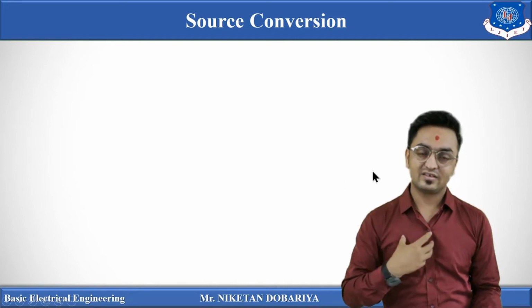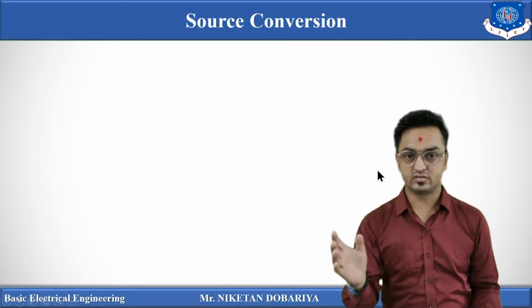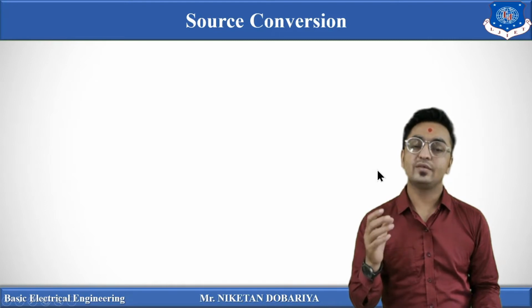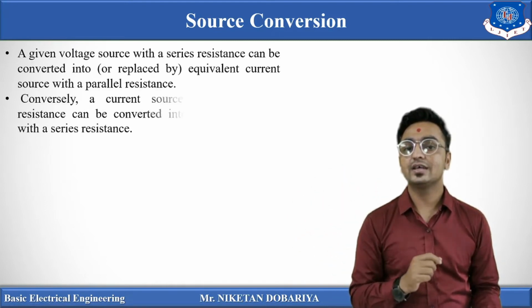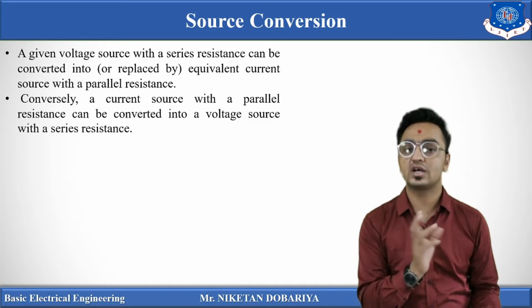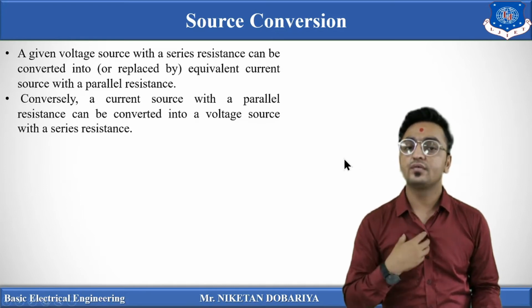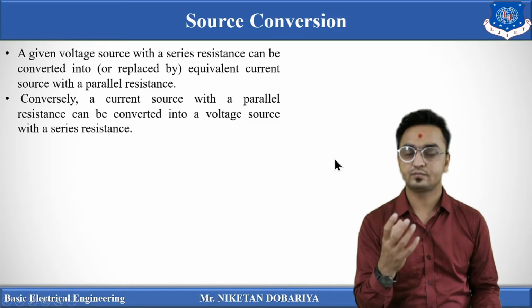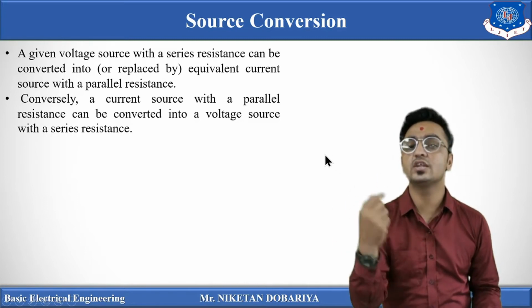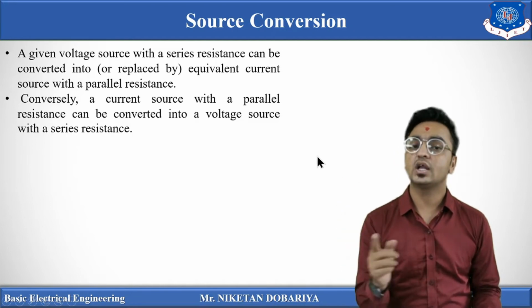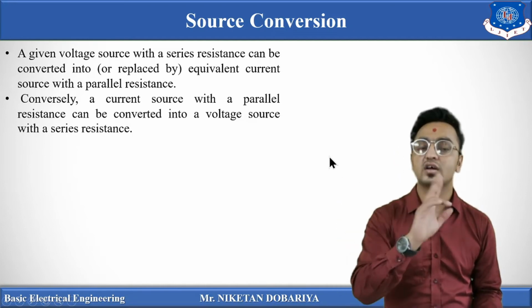Now, up to now we have discussed the various sources, mainly the voltage source and current source. In this series, next we will discuss source conversion. That means if a voltage source is given which has a series resistor, a resistor in series with it, it can be converted into its equivalent current source.